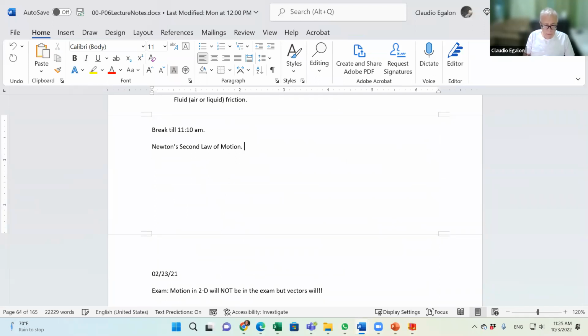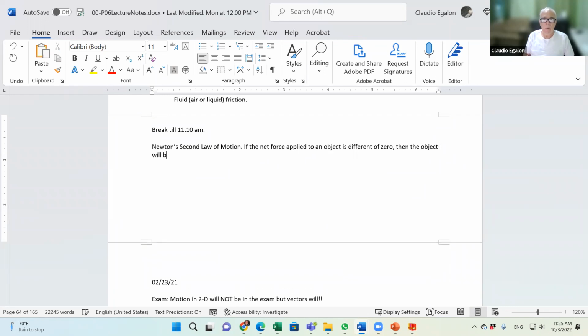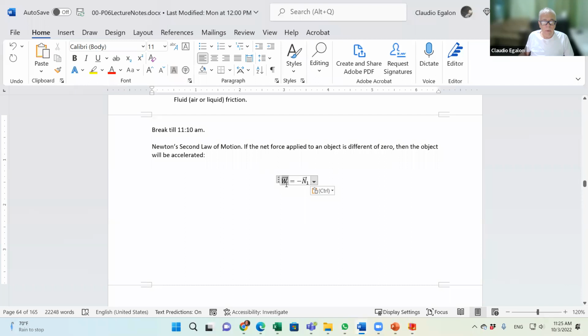Before I write the equation, let's write it down. If a net force applied to an object is different from 0, then the object will be accelerated.